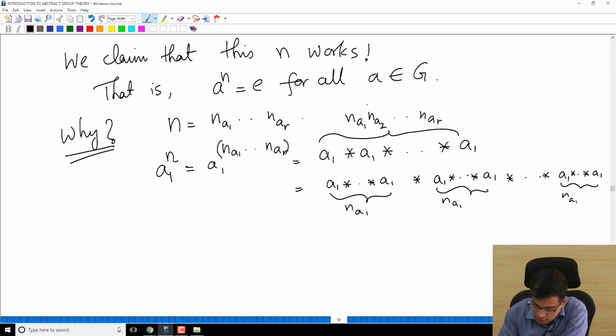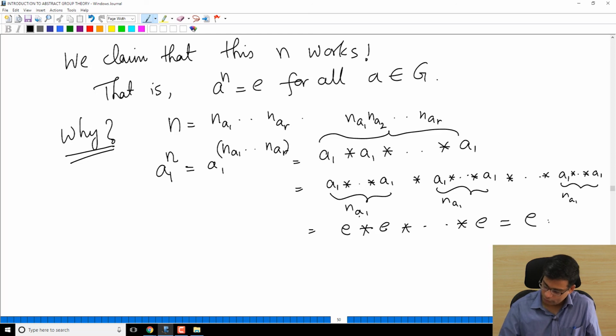Because this number is divisible by n a 1, I can break up this huge product into smaller products, each one consisting of n a 1 factors. But remember, a 1 power n a 1 is identity, that is how n a 1 was chosen. So, this is identity, this is identity, this is identity.